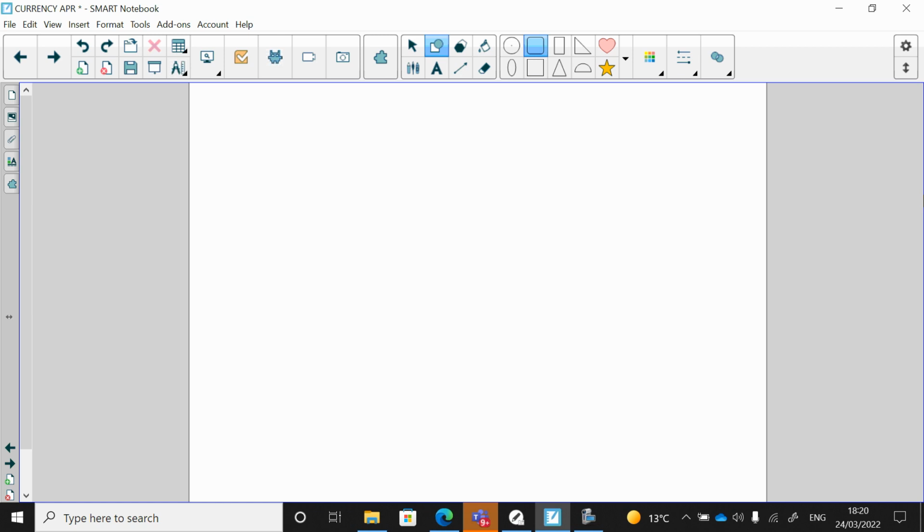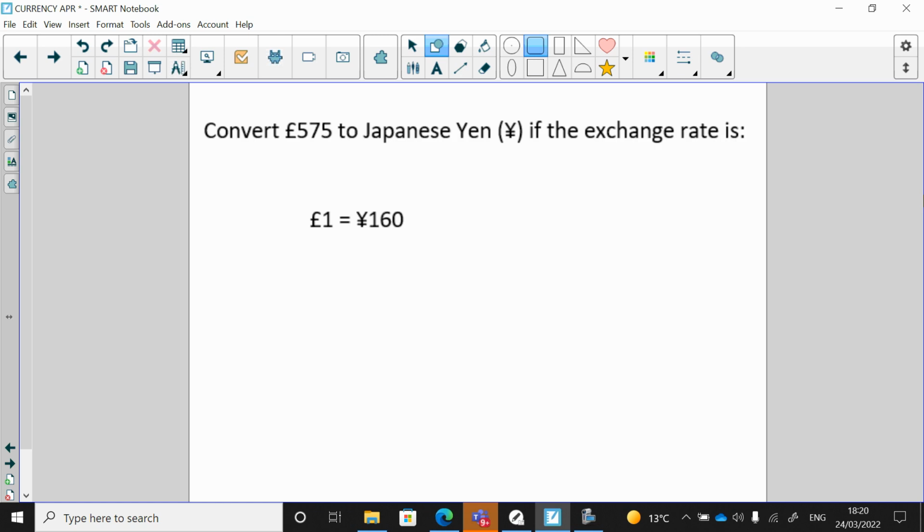Right, let's go to another country. We're going to convert £575 to Japanese yen. We've got an exchange rate of £1 to 160 yen. Again, we're going out from pounds, so we multiply the amount in pounds by the exchange rate, 160.